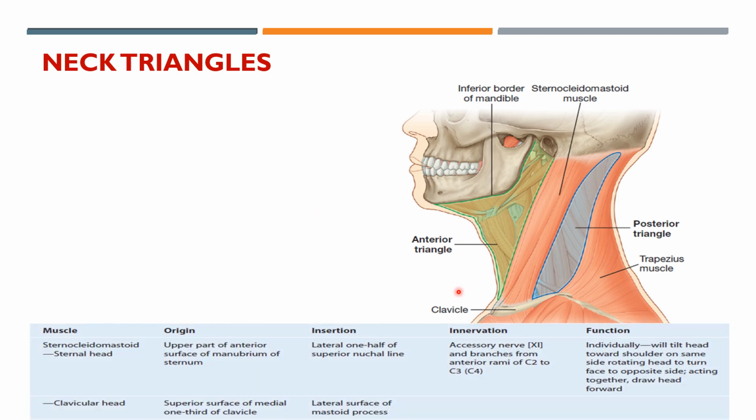To understand these structures well, for sure we need to have an idea about this muscle. From its name, sternocleidomastoid, we can easily figure out the sites of attachment of this muscle. Sterno: it has a head that originates from the sternum, the sternal head, and it has a clavicular head, which is attached to the medial third of the clavicle.